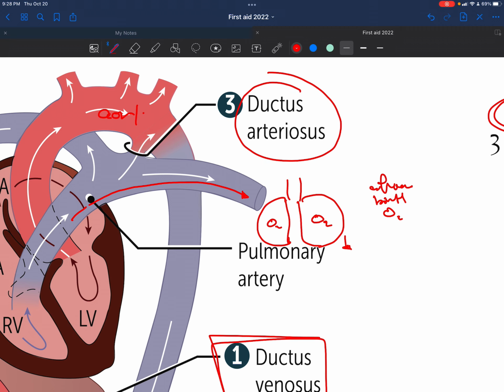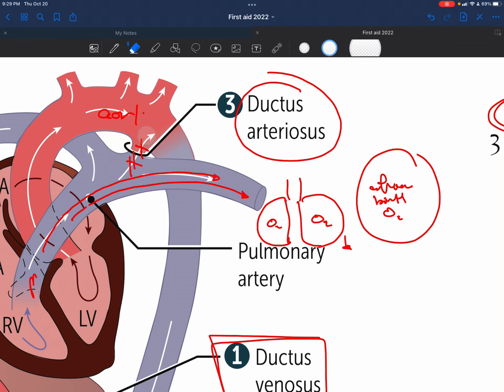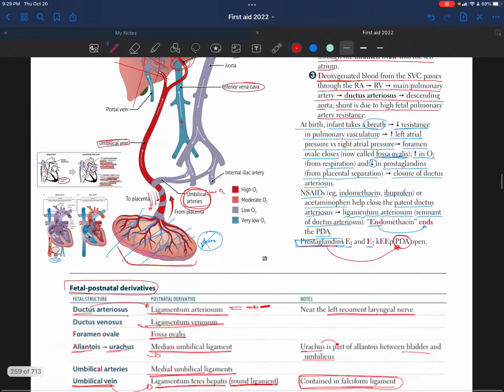And so if the flow of blood is welcomed from the pulmonary artery into the lungs because they have low resistance after birth, then there is no need for them to go into the aorta anymore. It's just fine. They can go into their normal place, and this is the lung. That is what happens after birth. So in that case, after birth, the blood would go the opposite way from the aorta to the pulmonary artery if this is still patent, if the ductus arteriosus is still patent.